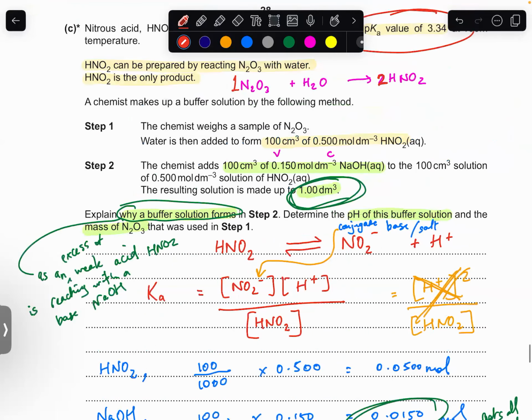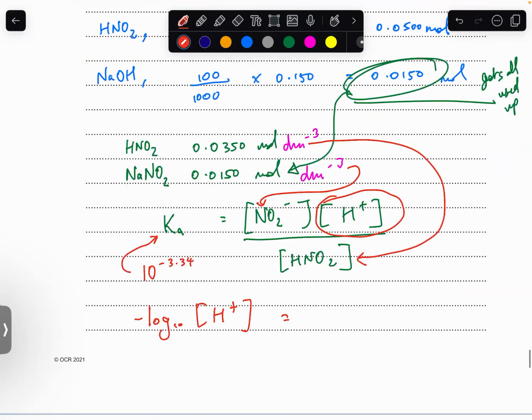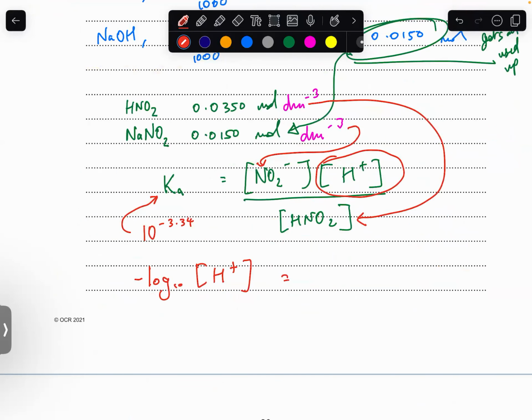And they don't ask for significant figures or anything. We'll just give it to 2 decimal places. So let me calculate that. By the way, just a bit of theory here. You see 10 to the power of minus pKa is equal to Ka. That's why we're doing this.